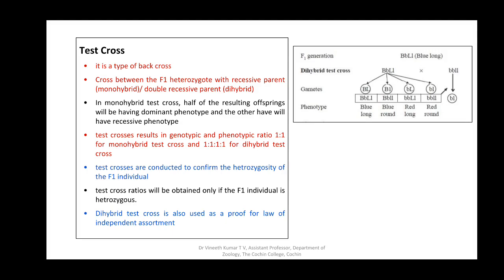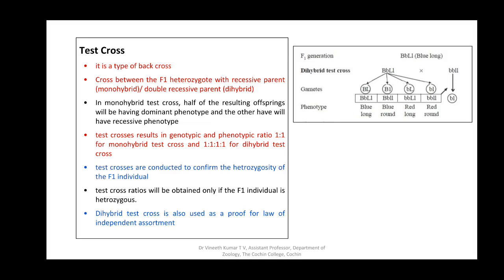That's why we said that test cross is a type of back cross. The monohybrid cross we just mentioned in the earlier discussion of back cross, where we get 50% tall and 50% dwarf plants, was an example of a monohybrid test cross where you get the ratio 1:1.